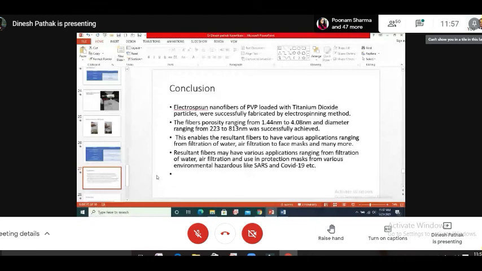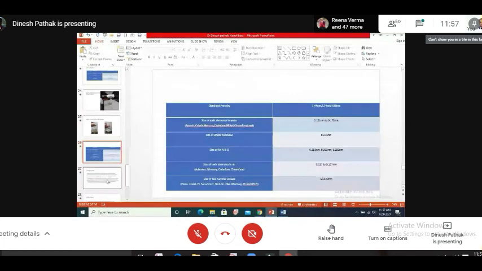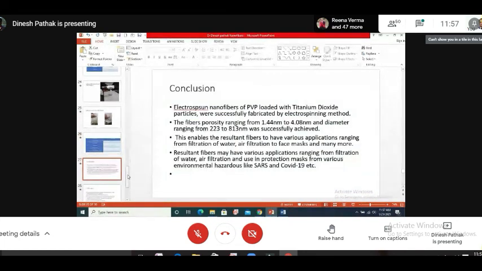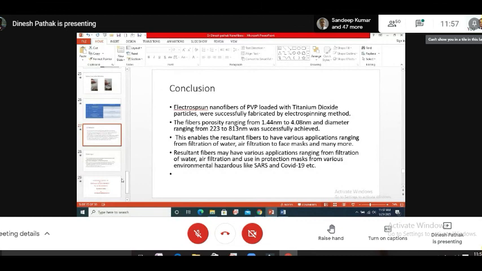We can change the porosity, and these different porous materials can have many applications in filtration, battery separators, or other smart materials in future.